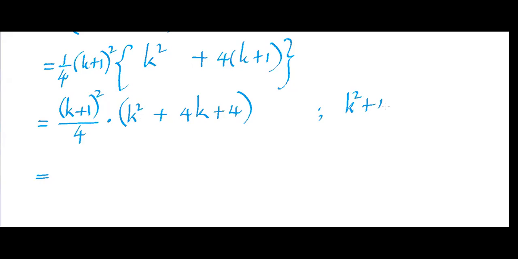K squared plus 4k plus 4 is a perfect square: k plus 2 all squared. You can go ahead to factorize, but if you're observant, you would mention that it's a perfect square straight away.